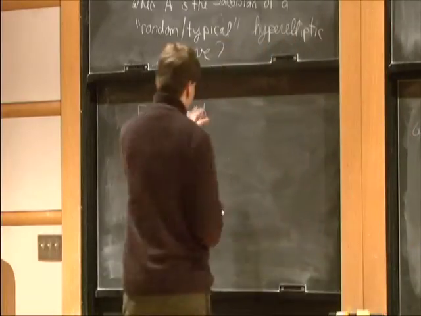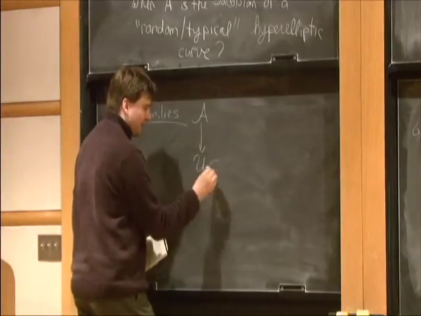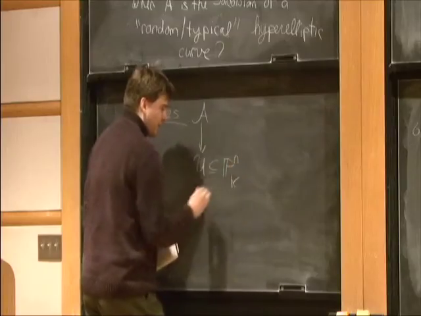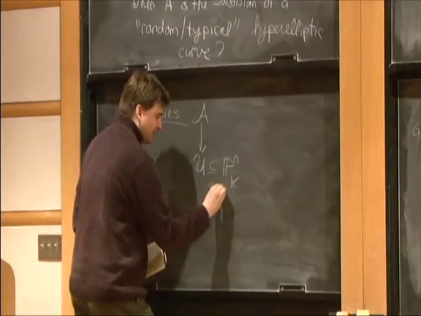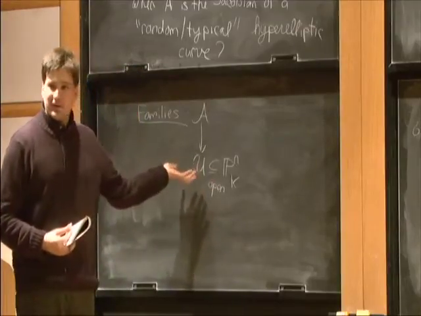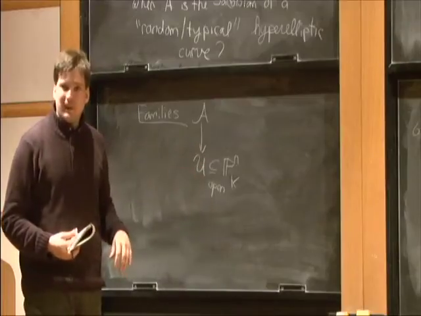Okay, so we're going to consider a family of abelian varieties and parameterize by something nice downstairs. And I tend to like an open non-empty subset of P^n, because it has lots of points, and I understand the arithmetic of U very well. I don't have to deal with complicated base spaces.